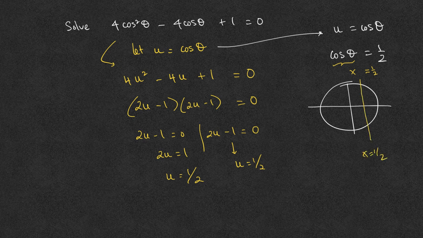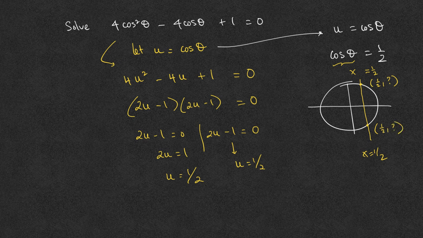We see that this vertical line intersects the unit circle at two places where the x-coordinate is 1/2. Another one is in the fourth quadrant where the x-coordinate is 1/2 and the y-coordinate is negative.